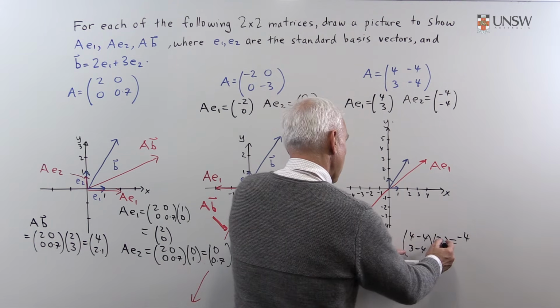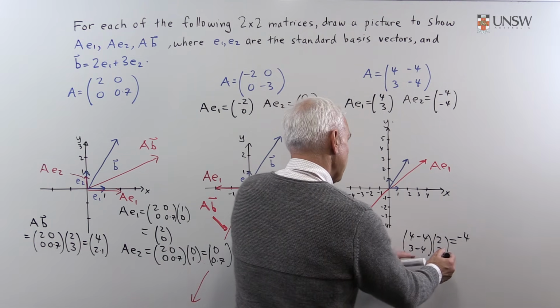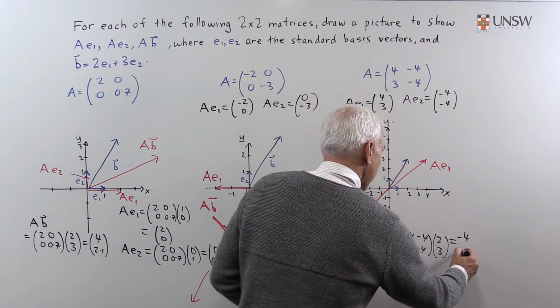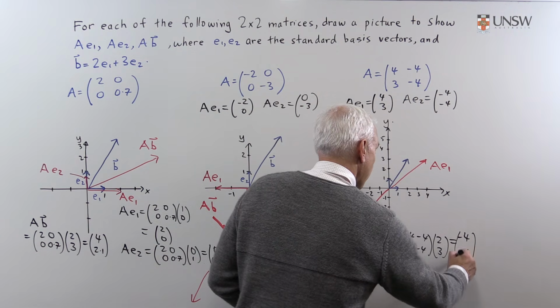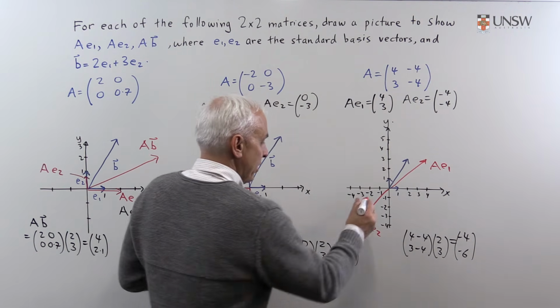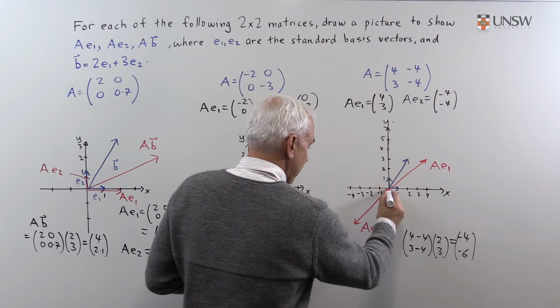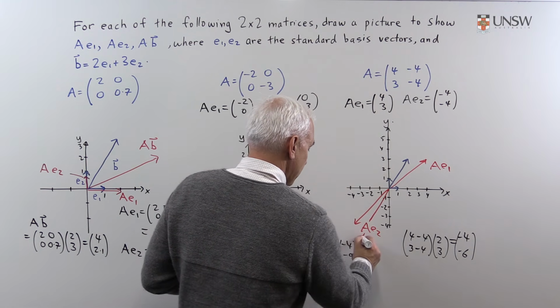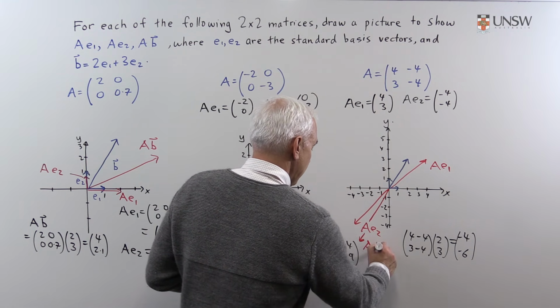And the second entry, 3 times 2, which is 6, minus 12 is -6. And that is the vector, -4 this way and -6 there, sort of along the same lines, but over there, so there's A times the vector B.